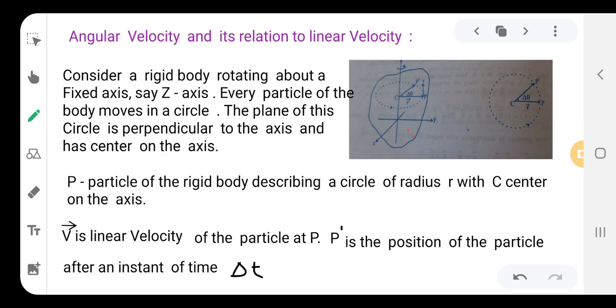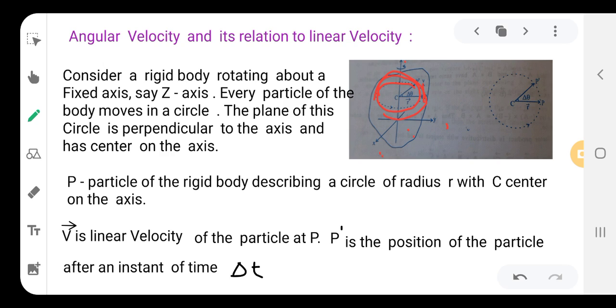Here you can see the x-axis, y-axis and z-axis. Here it has a linear velocity v, and r is the position vector. It moves in the form of a circle. Here P is the particle of a rigid body describing a circle of radius r with C as the center on the axis.